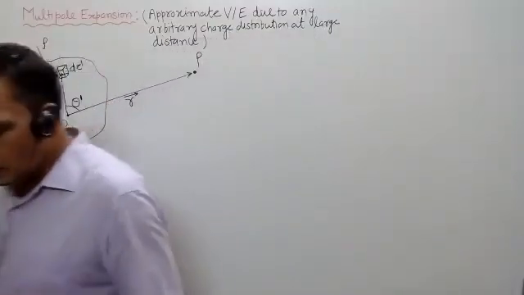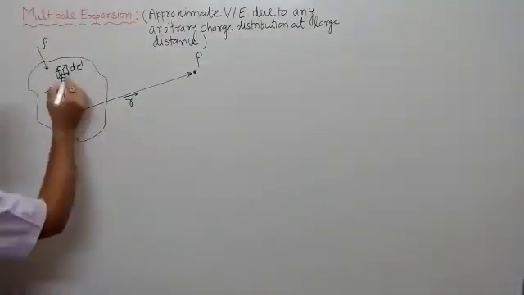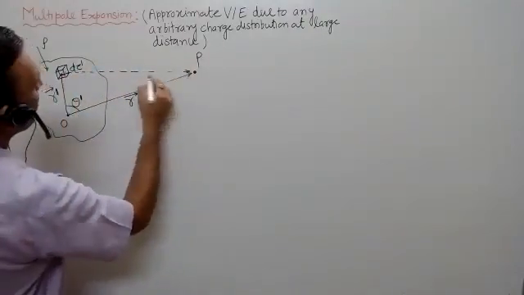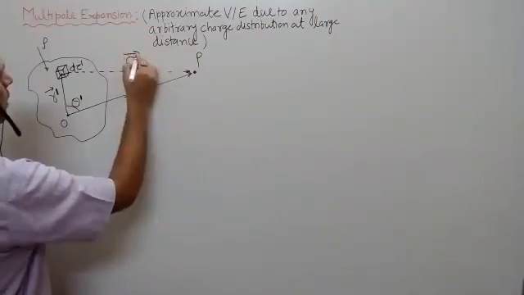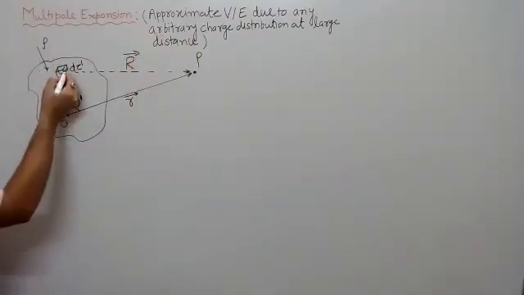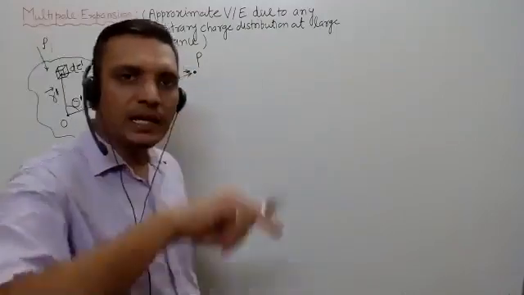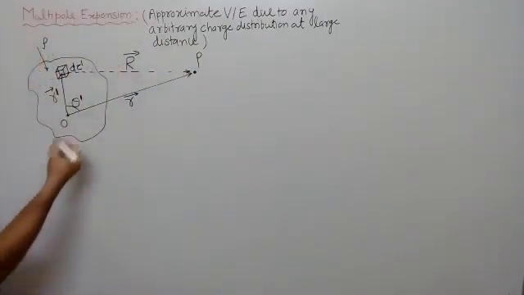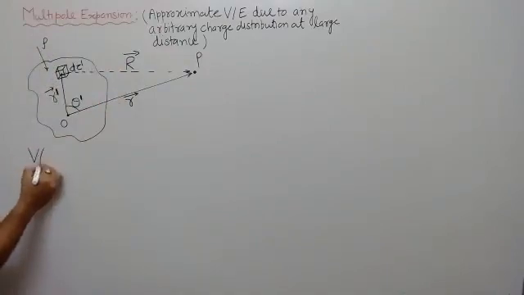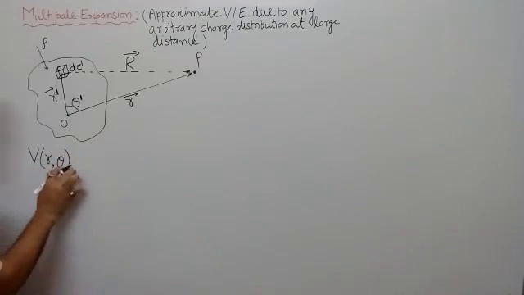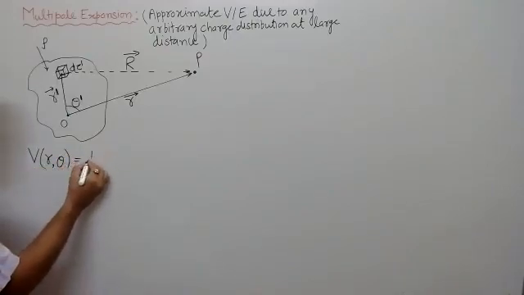Let's take this distance as capital R. First you have to find potential due to the elemental charge and then integrate over this volume. So we have to find V as a function of r and theta.